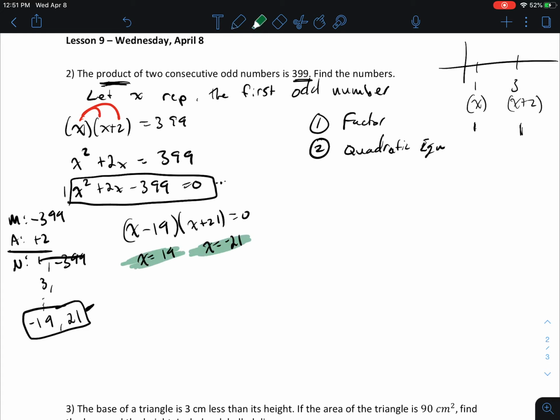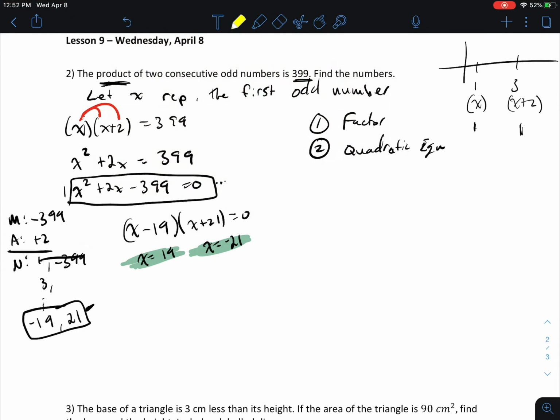Now you might get to this point and think, I'm confused because these are two odd numbers, but they're not consecutive. Well, remember what we said up top. We're going to have the product of two consecutive odd numbers, and they have to multiply to 399. Now, most of the time, a quadratic will have two answers, right?